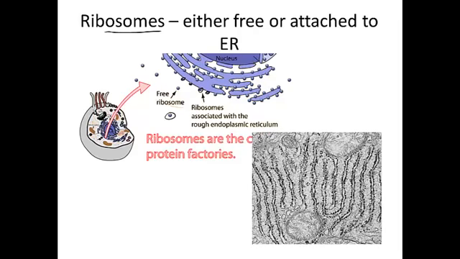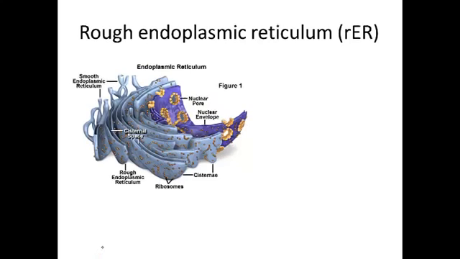Here's an electron micrograph. All these little black dots are ribosomes attached to ER. Ribosomes, again, are for making proteins. So here is a drawing of the rough ER, and I want you to notice how it is attached to the nucleus.